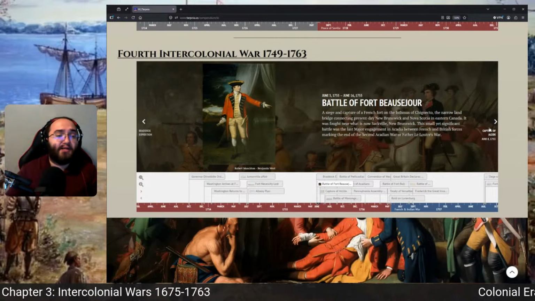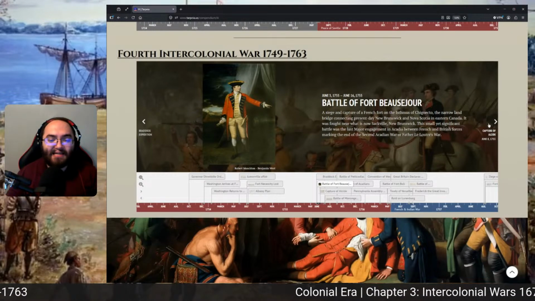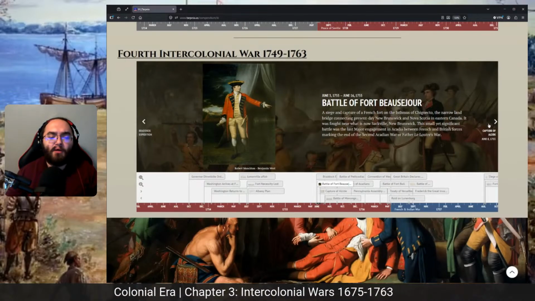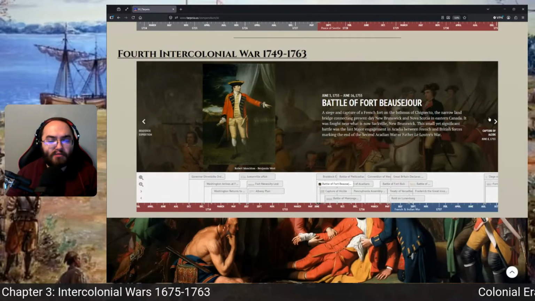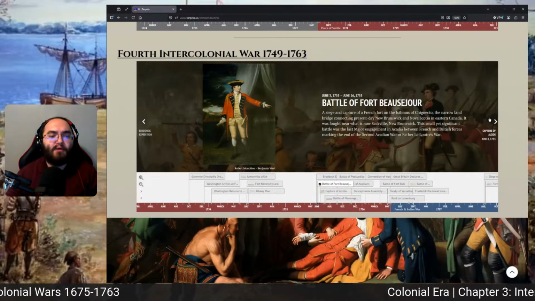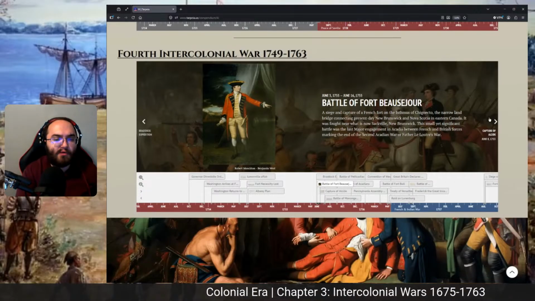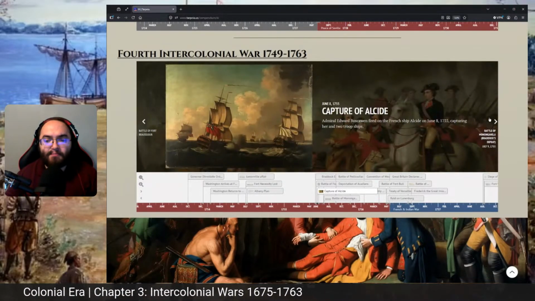This is the last major engagement, last major battle of the Second Acadian War. Again, some people call it Father Le Loutre's War, and this is the last of the fighting in Acadia, as the fighting will now transition into the Ohio River Valley and the frontier.